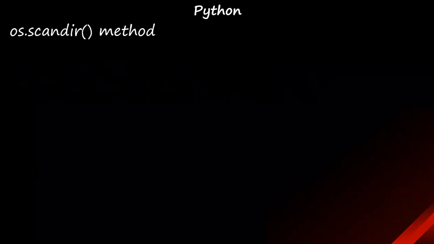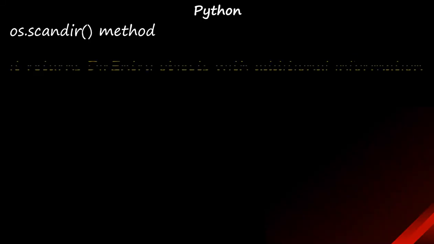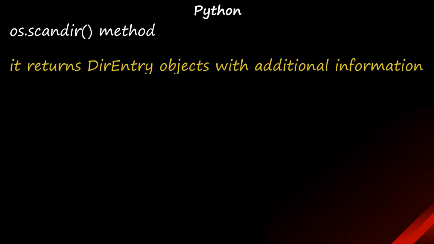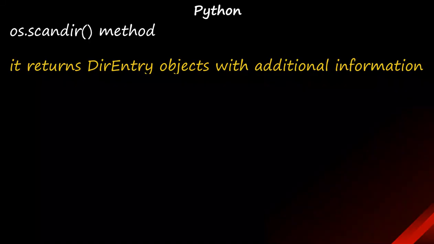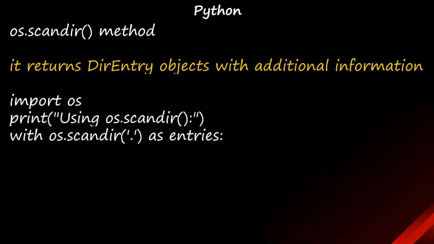Then the next method is scandir. What does it return? This will return directory entry objects with additional information. What kind of additional information does a directory or file have? Let's see with an example. Import os, the operating system module.